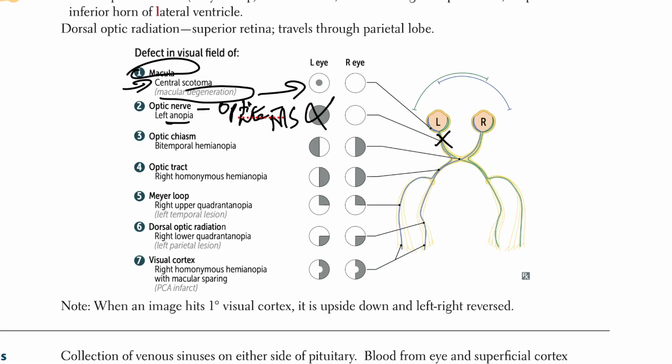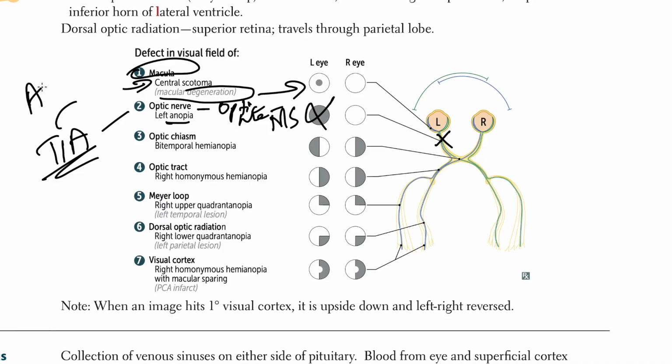It is seen in MS, and you have another cause. If you recall, something called TIA, transient ischemic attack, right? That has a transient loss in one eye, monocular vision loss. With the TIA, you have something called amaurosis fugax.